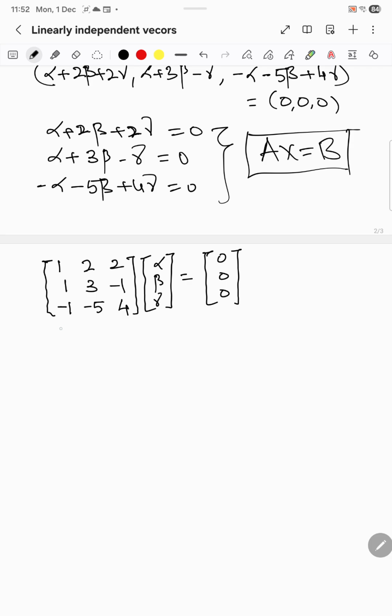Now this homogeneous system has a non-zero solution if... okay, so we have a non-zero solution. In fact, we are having infinitely many non-zero solutions if they exist.